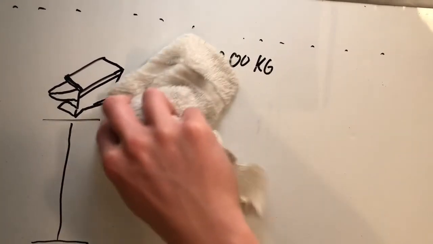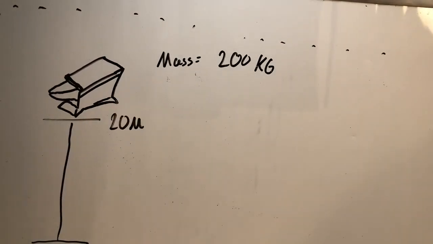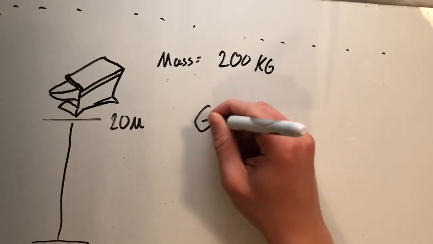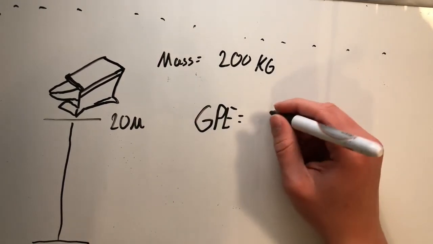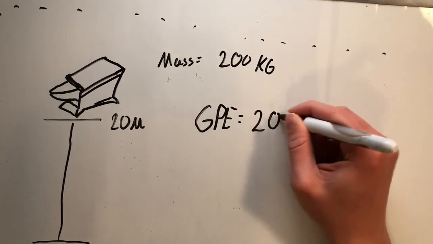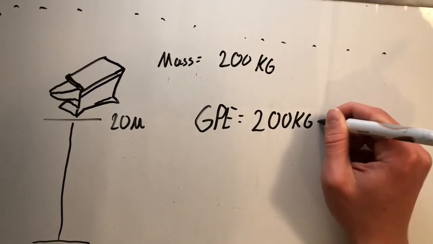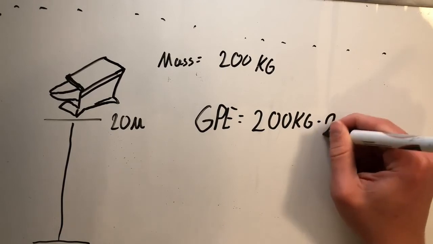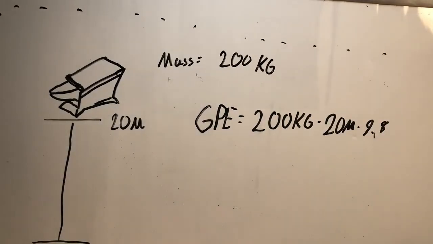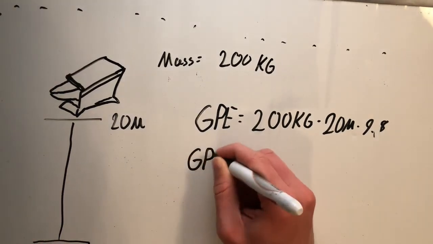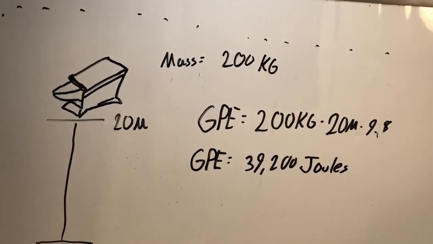Let's say we raise the anvil to a trapdoor 10 meters higher than the previous one. The anvil is now 20 meters above the ground. Again, we can use the gravitational potential energy formula to plug in each value. If we find the product of 200 kilograms multiplied by 20 meters multiplied by 9.8 newtons per kilogram, we'll find that the object at the new height has a gravitational potential energy of 39,200 joules.